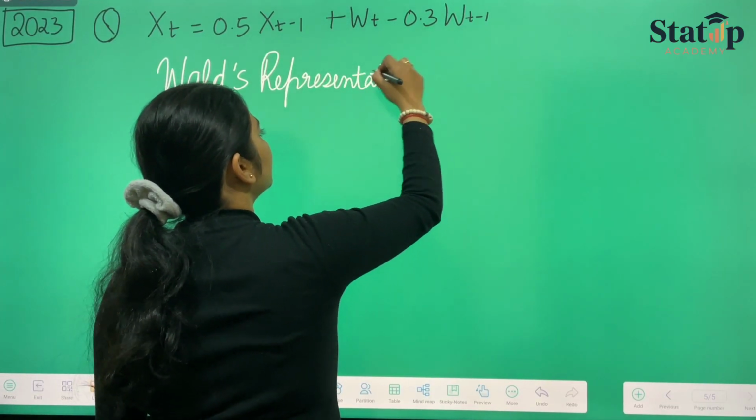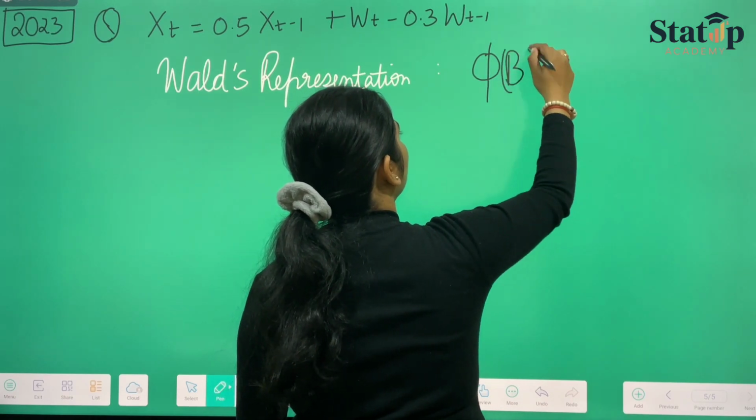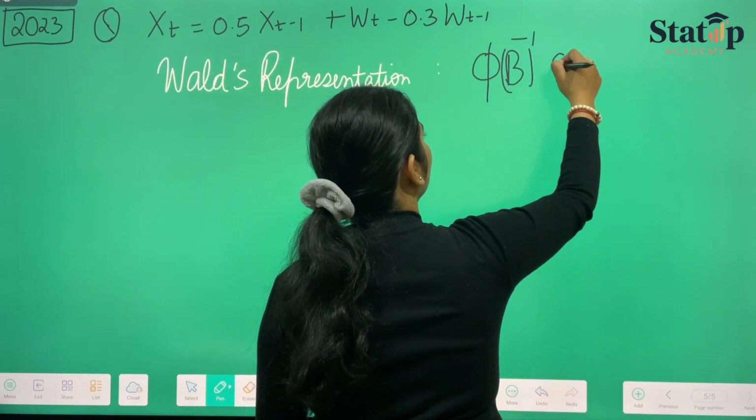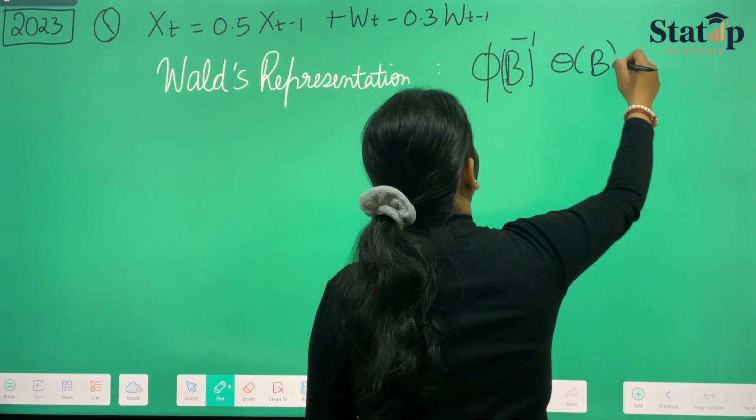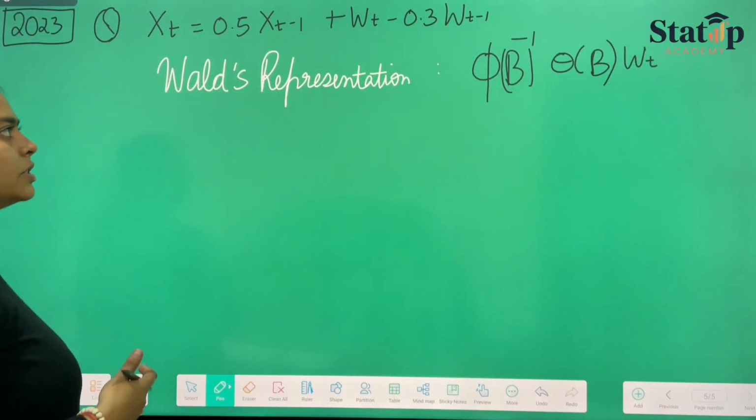Now, Wold's representation is nothing but phi b inverse into theta b. We have to find wt. This is the Wold's representation.